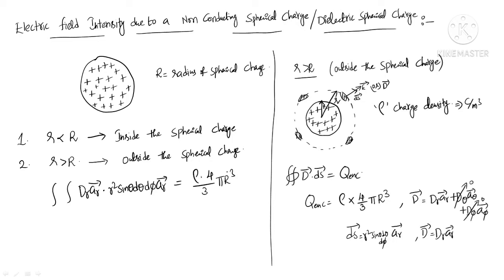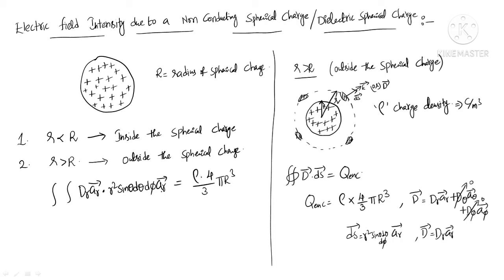Now for this integration, ar bar dot ar bar is a dot product, and the dot product between ar bar and ar bar is 1.